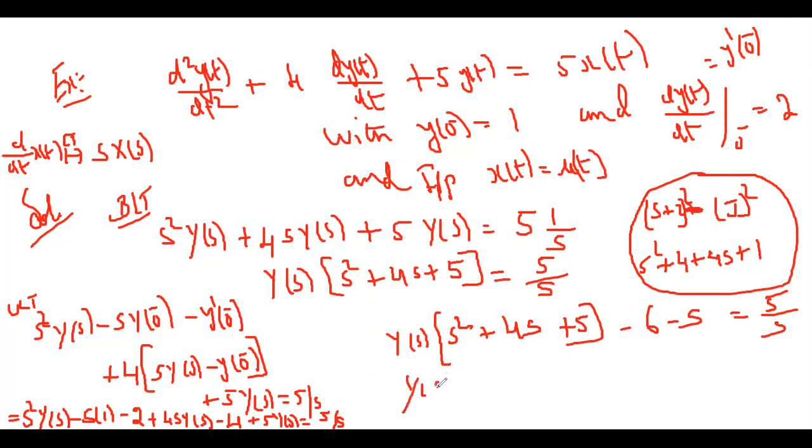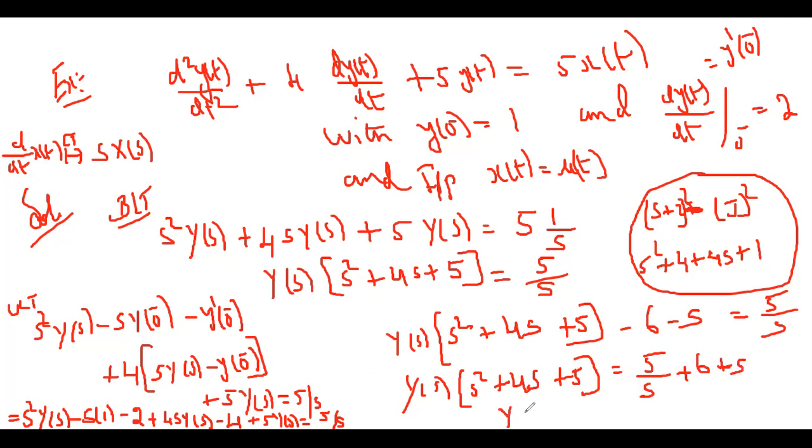Y of s is equal to, taking this to the right side, s square plus 4s plus 5 is equal to 5 by s; minus 2 minus 4 is minus 6, which becomes plus 6 here, and minus s becomes plus s.